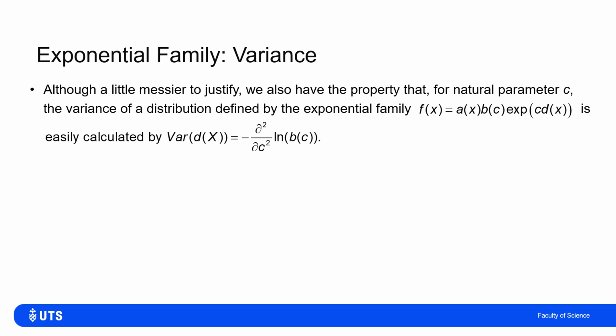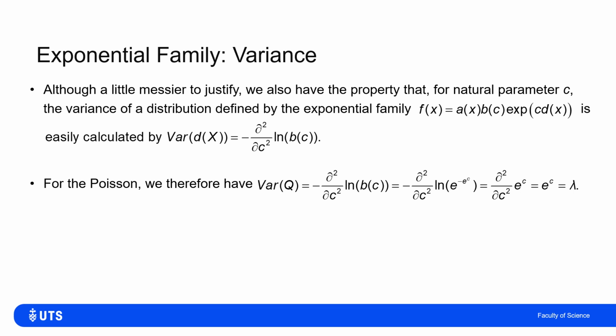But again, the variance is just the negative of the second derivative with respect to the natural parameter of log of b of the natural parameter. So again, likewise with the Poisson variable, it's a super easy calculation, because instead of differentiating e to the c once, I'm differentiating e to the c twice with respect to c, and this confirms again that the variance is equal to the expectation, is equal to e to the c, is equal to lambda.